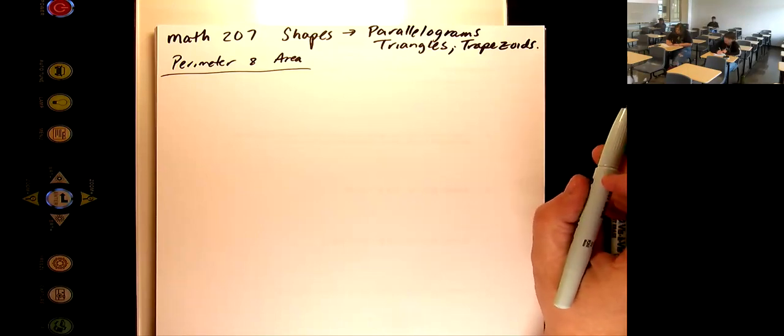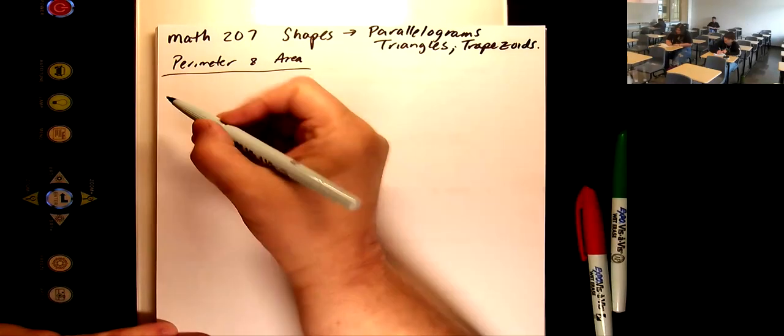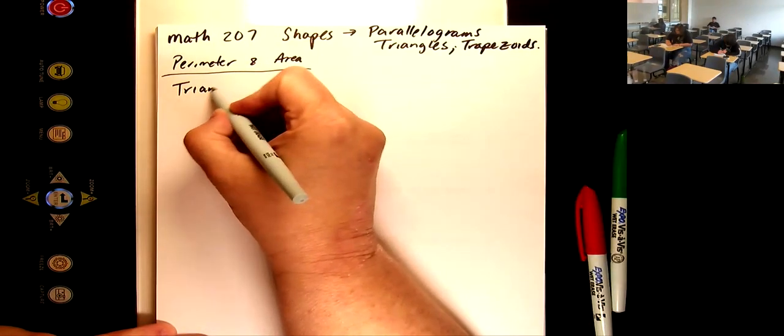So to start off, triangular gables appear in construction.